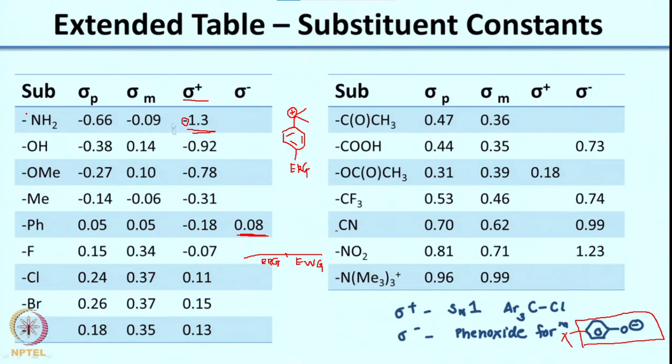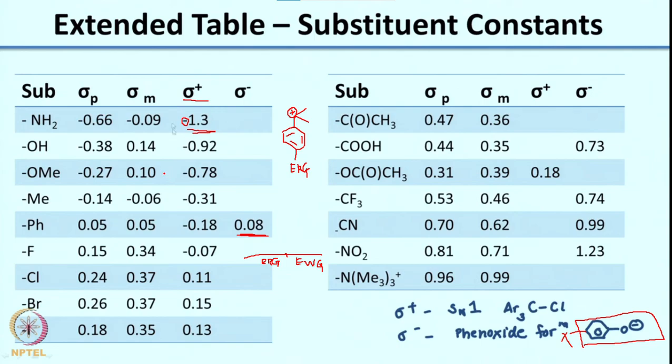So as you can see, the more the effect of electron rich group, the more the value of sigma plus, and negative charge is written here to avoid the confusion between the electron releasing and electron withdrawing group. That's why negative charge is introduced here, but the value increases, right?